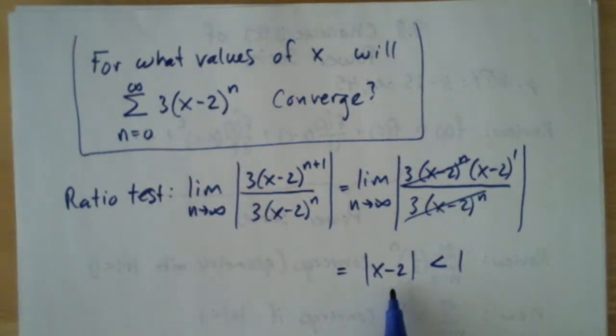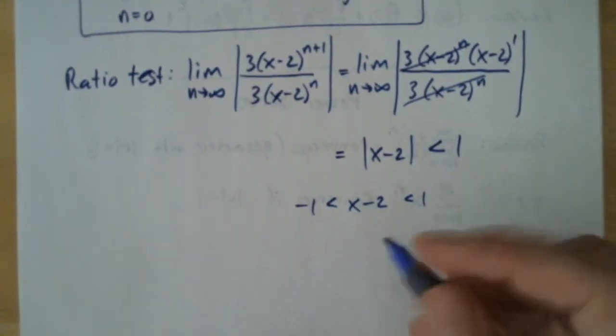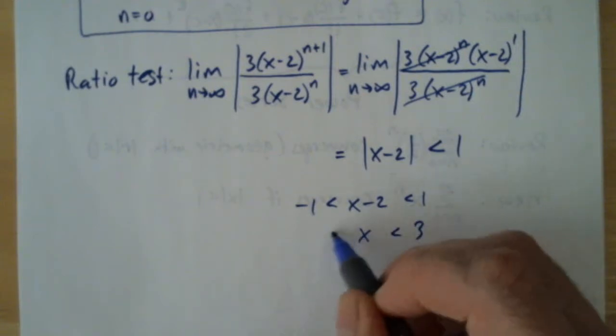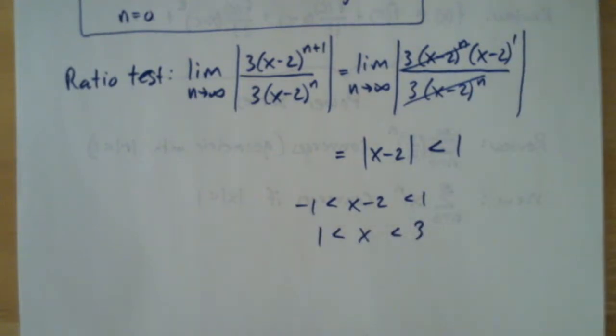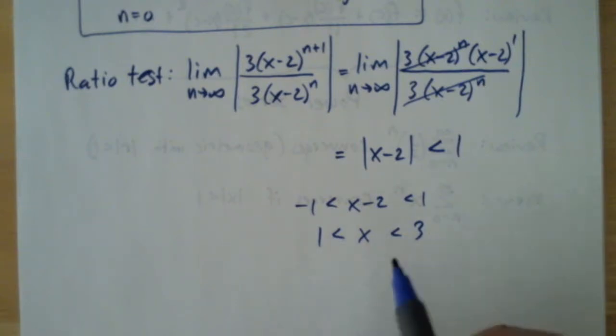And when an absolute value is less than 1, then we can rewrite it as x minus 2 has to be between -1 and 1. And we'll add 2 to every part, and we'll get x between 1 and 3. The series converges between 1 and 3.